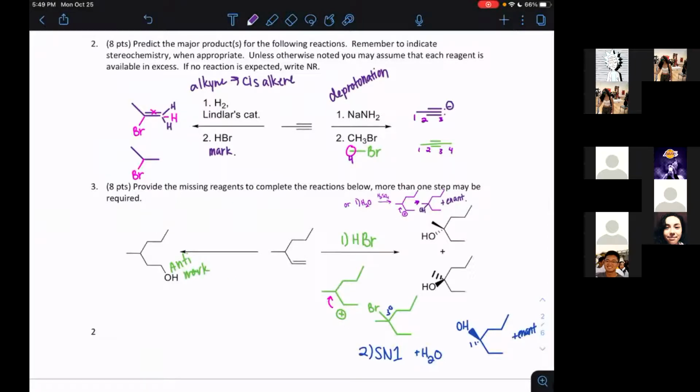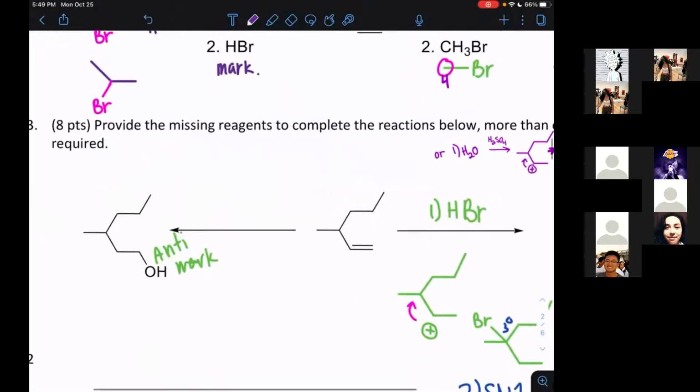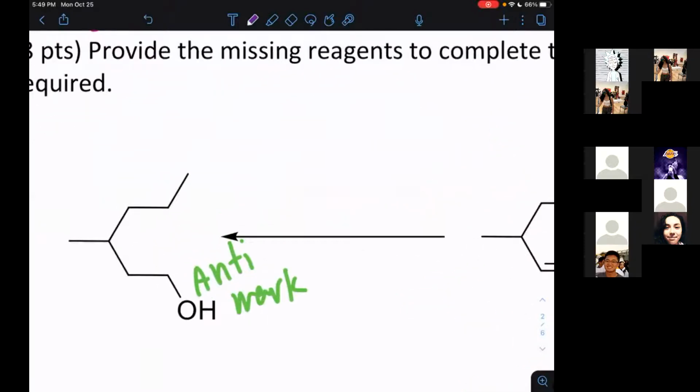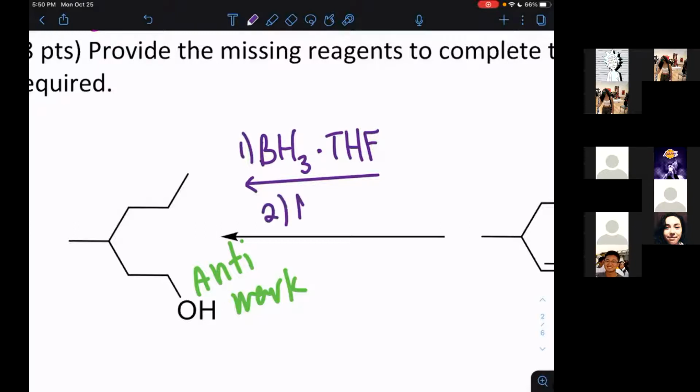So you do either of those for that side. And then for the left side, the one that's anti-Markovnikov for OH, let me see. So these are the reagents: BH3 and THF, that's one, and this is 2, NaOH and H2O2.